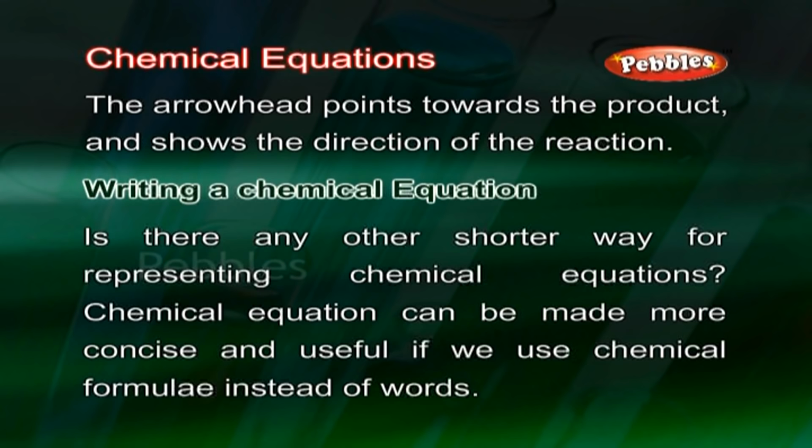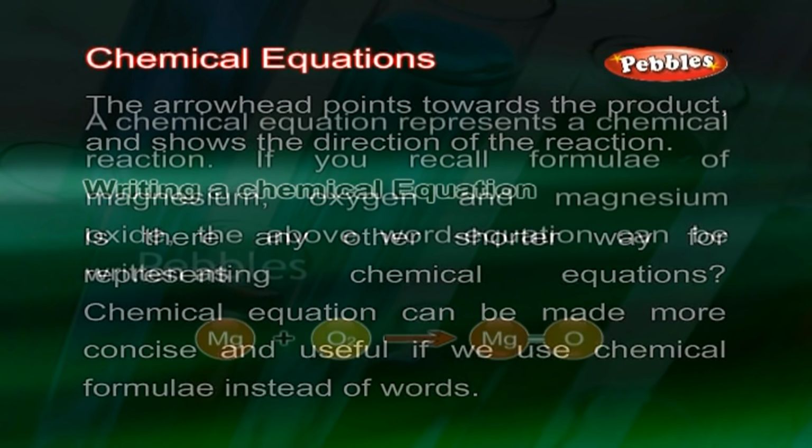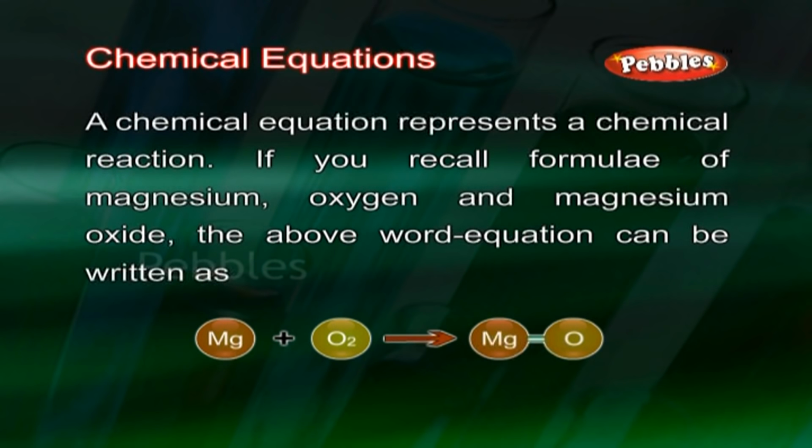Writing a chemical equation. Is there any other shorter way for representing chemical equations? Chemical equations can be made more concise and useful if we use chemical formulae instead of words. A chemical equation represents a chemical reaction.